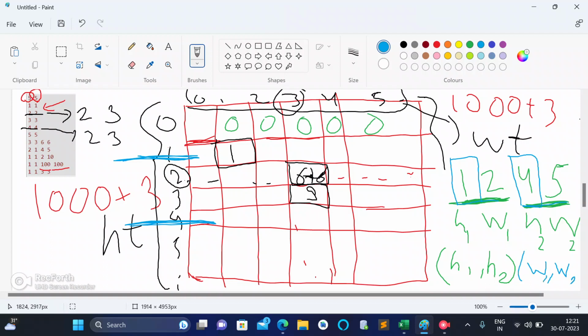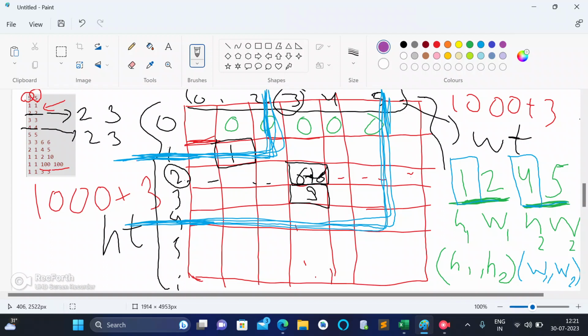Out of those rectangles which we have found, we have to find all the rectangles having width greater than 2 and less than 5. So I mark 2 here and 5 here. I can mark the boundary like this. This is my boundary and this is my boundary.